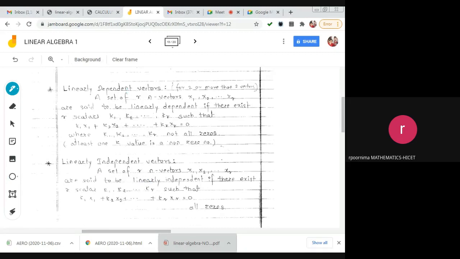Linearly independent vectors: a set of n-vectors x1, x2, etc., xr are said to be linearly independent if k1 x1 plus k2 x2 plus etc. plus kr xr equals 0 only when all the k's are zero. That is the difference between linearly dependent vectors and linearly independent vectors.